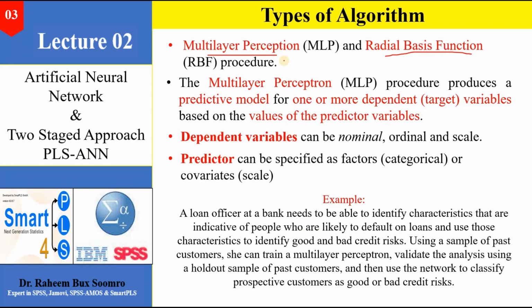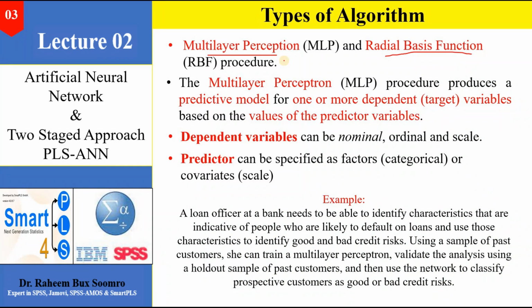In this regard, mostly what I have observed is that the MLP has been used. Different papers have used the multi-layer perceptron. That's why we are focusing more on the multi-layer perceptron, because hardly anyone has used the radial basis function.